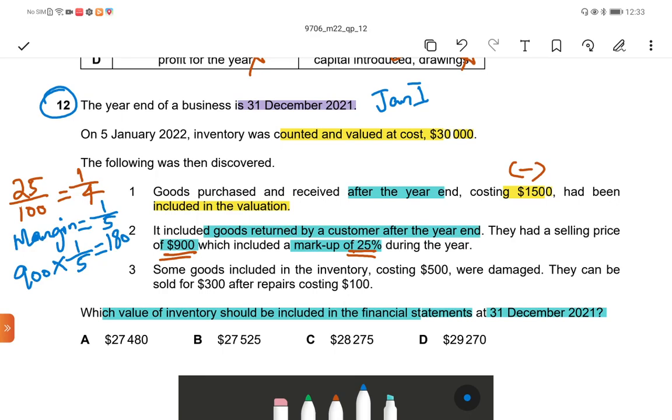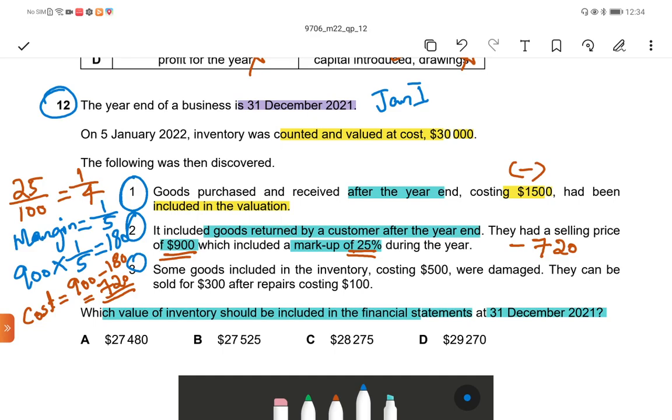So the cost is 900 minus 180, which is equal to 720. So this 720 also we have to deduct. Then the third one, we are done with two.